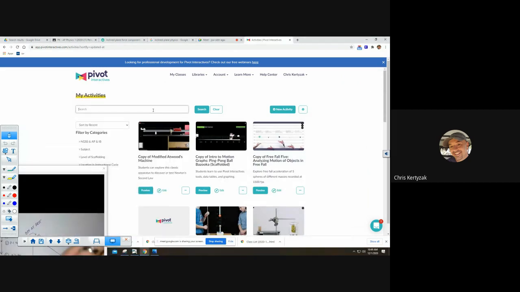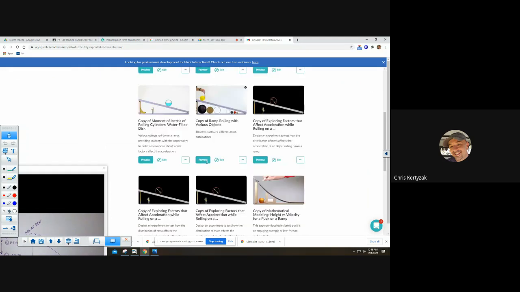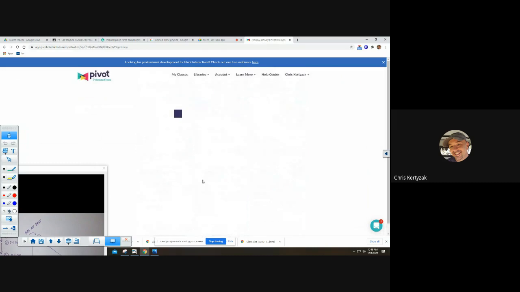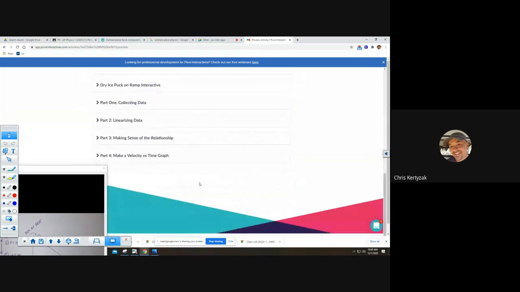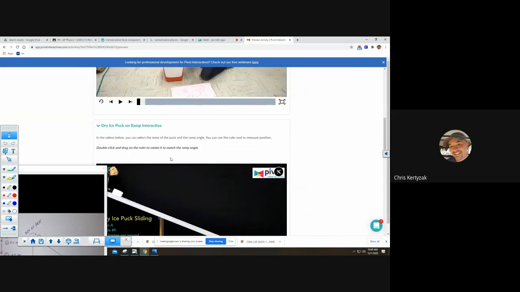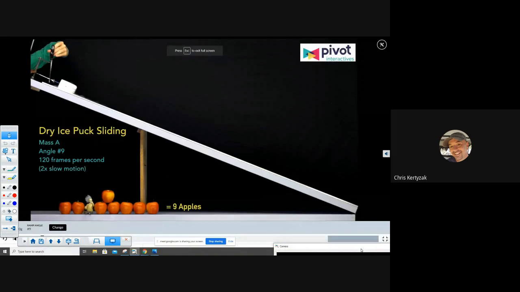Let's see if we type in ramp. Here's 124. Okay, so let's take a look at this here. We have ourselves a ramp, as I've described, propped up with something. And this is technically the ramp angle right here. I don't know what it is, 20 degrees, 25 degrees, I'm not sure.